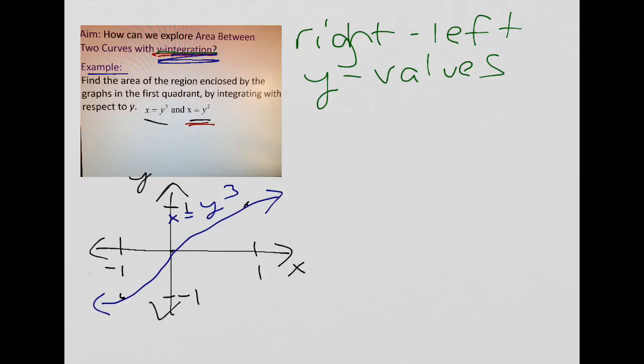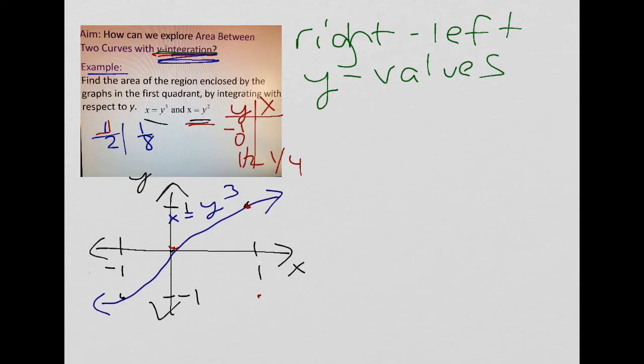And this one, if you don't know how to graph it, figure out values for y that you want to plot and x, and then just plug them in. So -1, 0, 1, then we get these points here. Now you may think, hey, it's going to overlap on top. It doesn't really. If let's say y was 1/2, x would be 1/4. If let's say y was 1/2, let me change color here, then x would be 1/8.